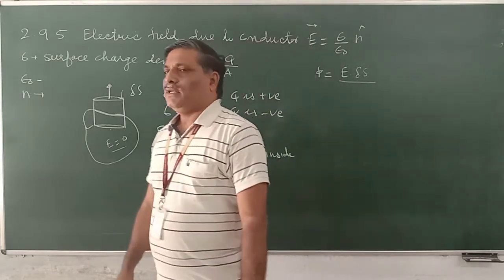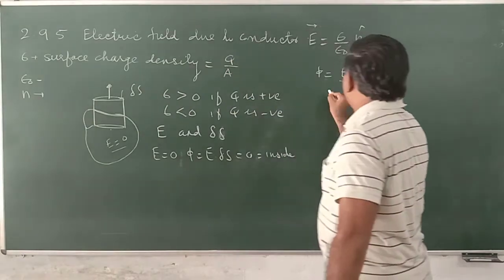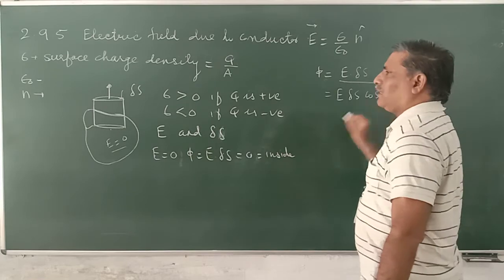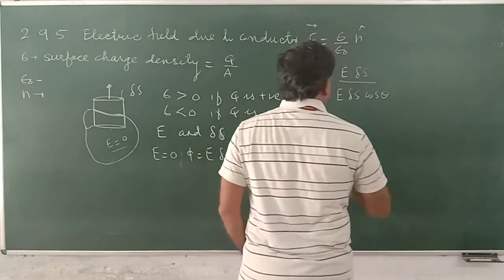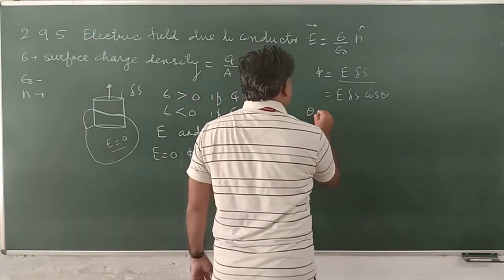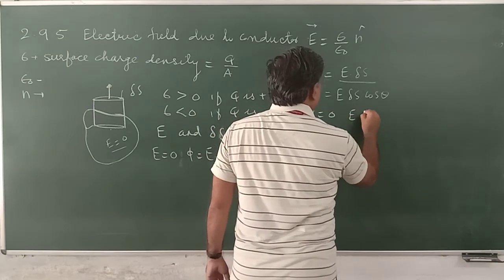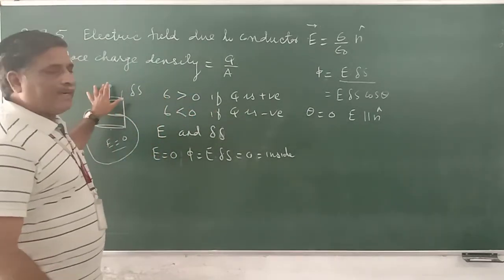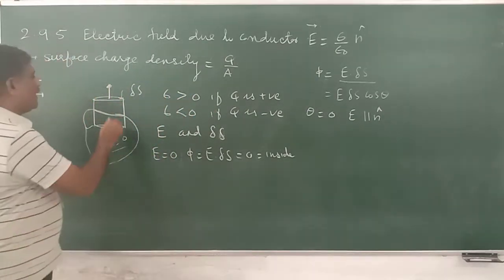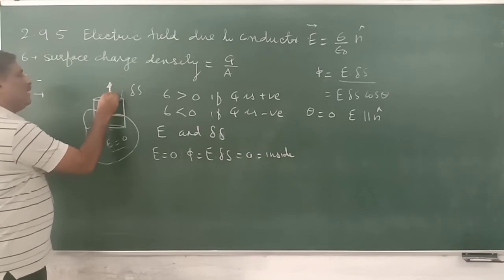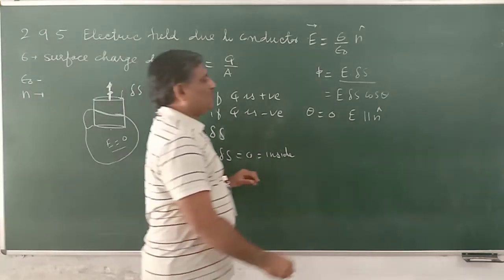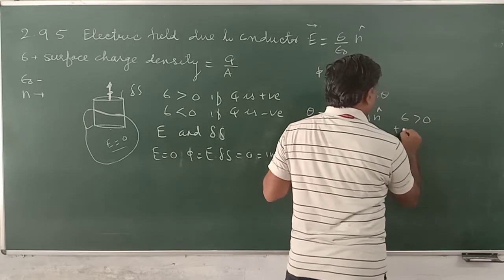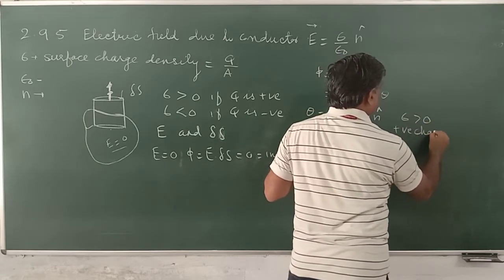Now, E dot delta S means E delta S cos theta. Theta is 0 if E is parallel to n cap. It means that E is here and n cap is here. This situation is for sigma greater than 0, or positive charge.